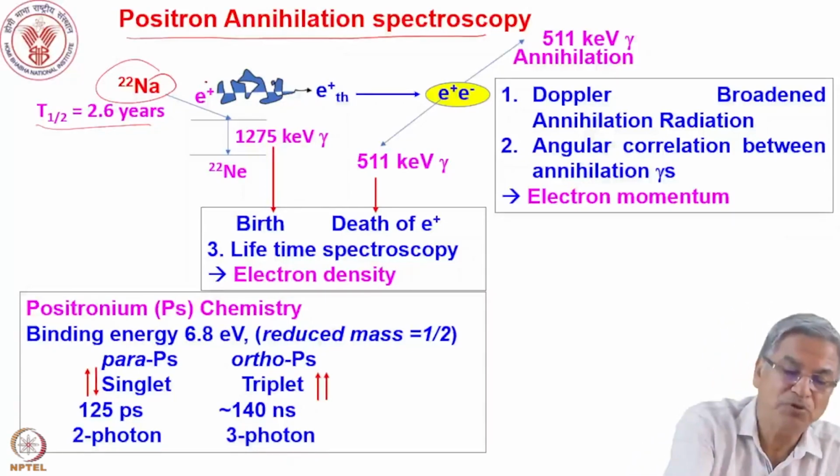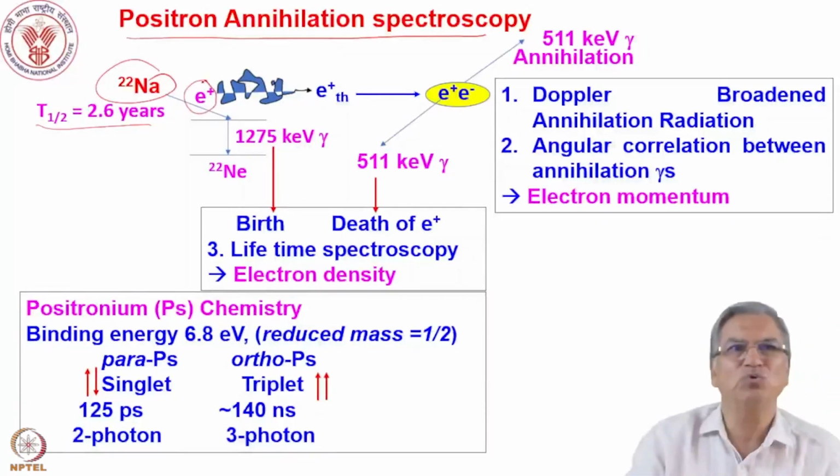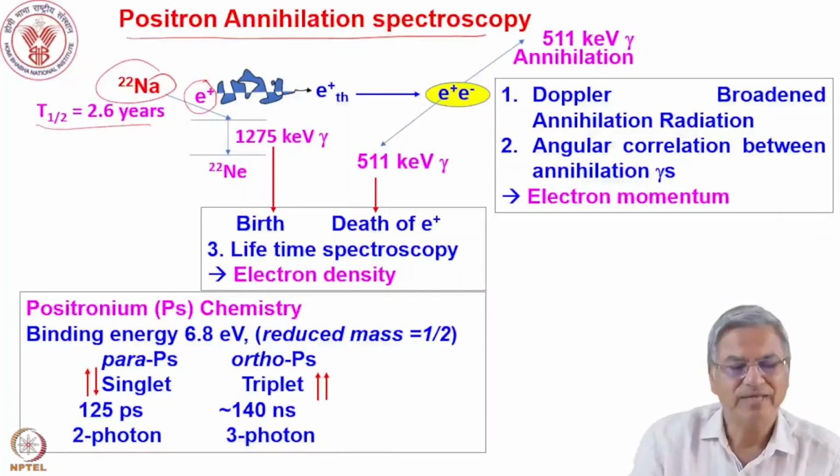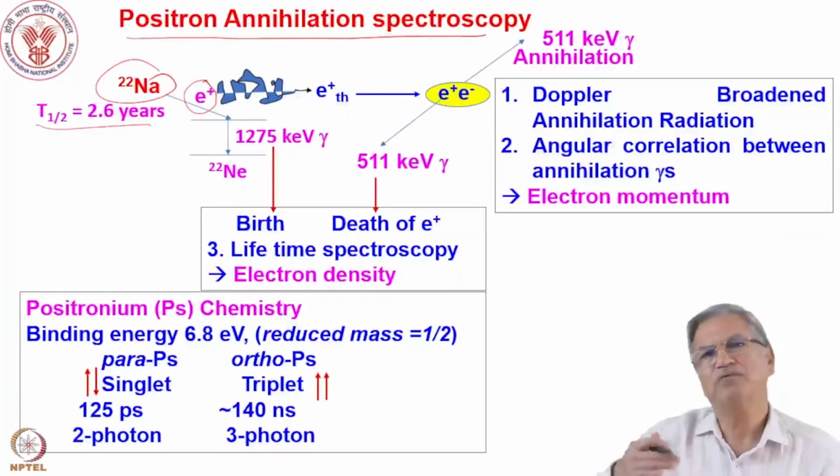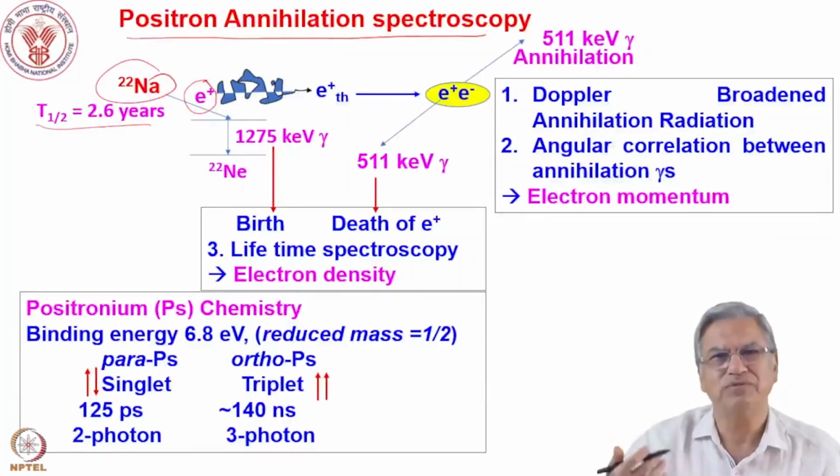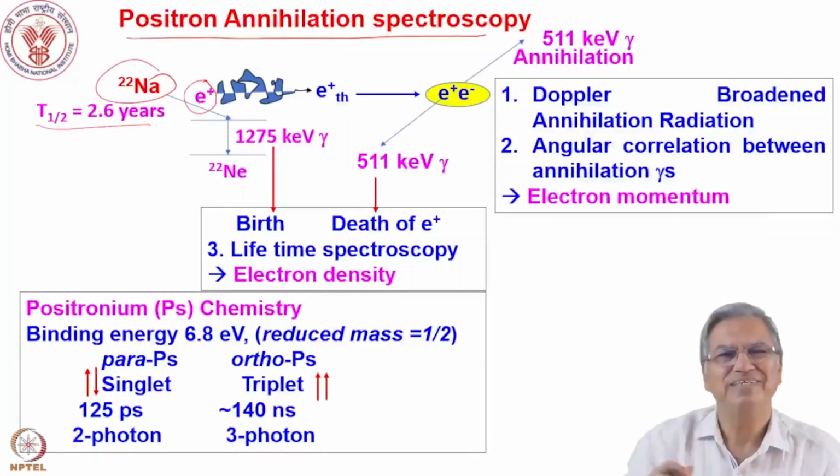When the positron is emitted by the radioactive source, if you recollect the interaction of fast electrons and positrons with matter, the energy of the positron will be a few hundred keV. This positron will slowly interact with the electrons in the medium, and it will slow down by elastic scattering.